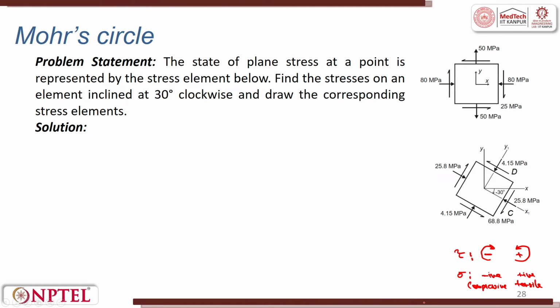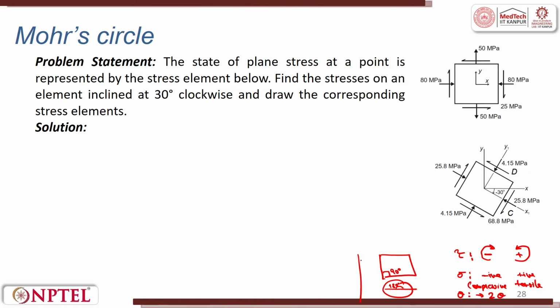And the value of theta is always 2 times, because here theta is equal to 90 degrees in the Mohr circle, it is 180 degrees. So the third rule is theta is always taken as 2 theta.